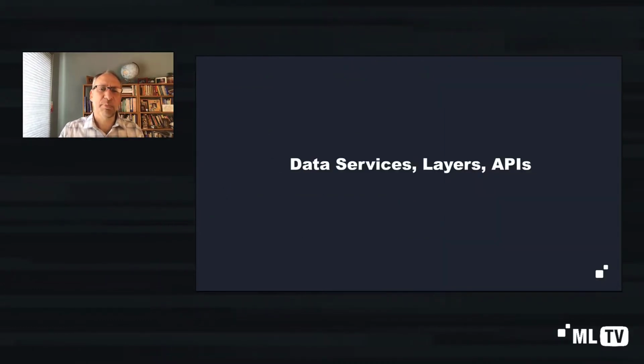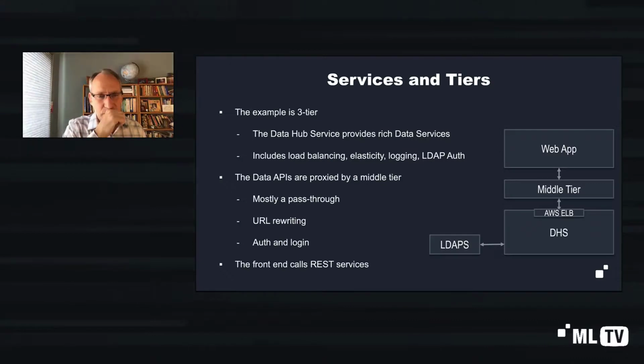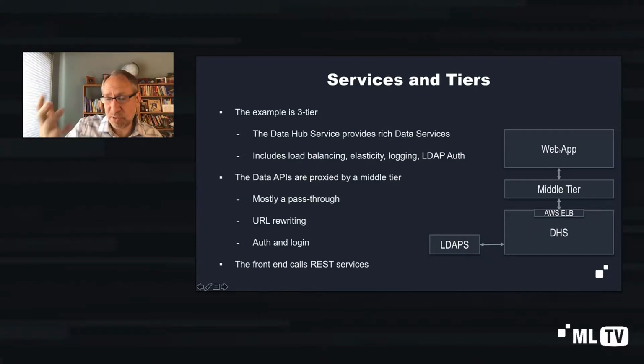All right, wrapping up, getting to the far right of the architecture diagrams is data services and delivery and data layering, or actually architectural system layering. Services, layers, APIs, all the same, really. The example app that we've been talking about is a 3-tier app. I don't know if I'd mentioned that or not. There's the web app, and we saw it.